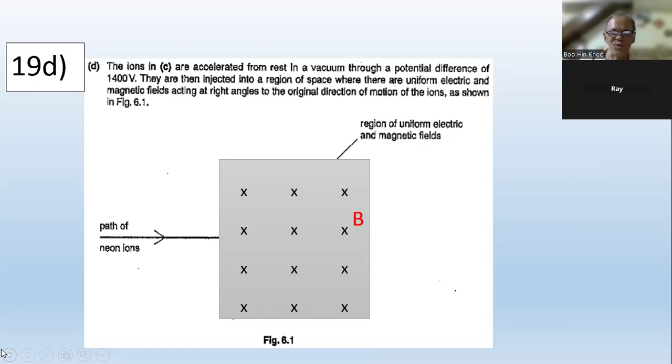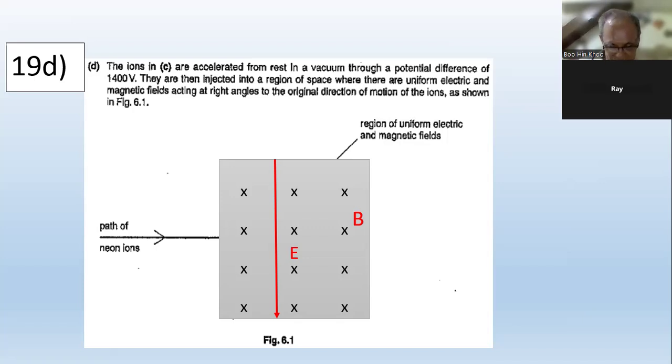You want it to go straight through. The magnetic force acting on the ion is upwards, so the electric force must be downwards, acting on the positive ion. So the electric field must be coming down, like that. Can you see the reasoning?